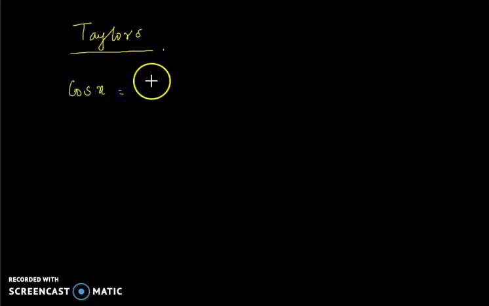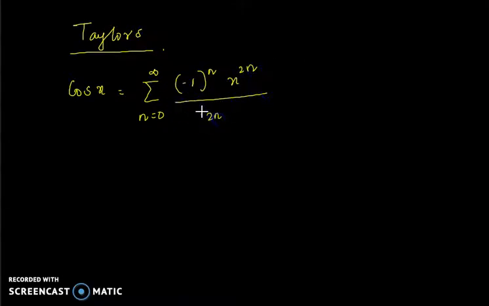So we know that the Taylor series states that any function can be represented as the sum of infinite terms. As per Taylor's equations, cos x can be represented as sigma n equal to 0 to infinity, minus 1 power n, x power 2n, all divided by 2n factorial.